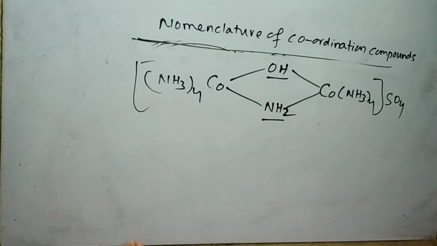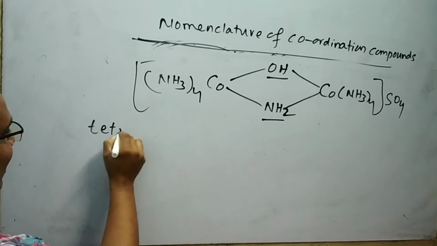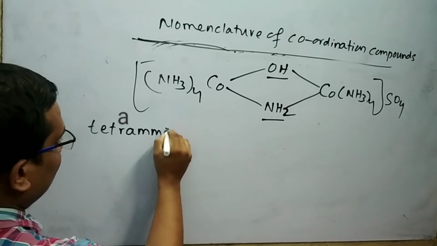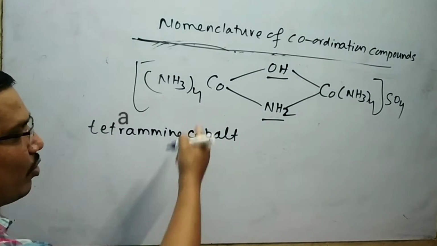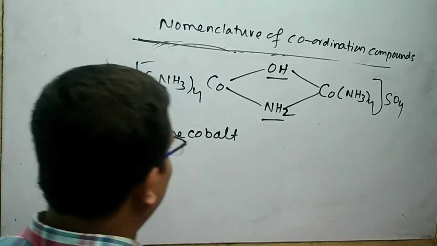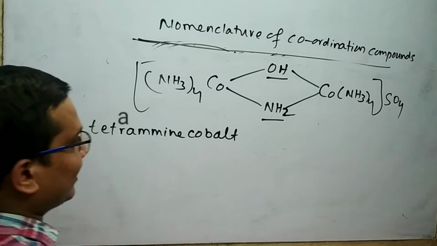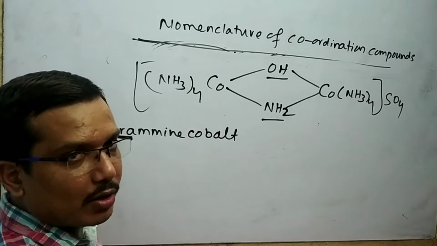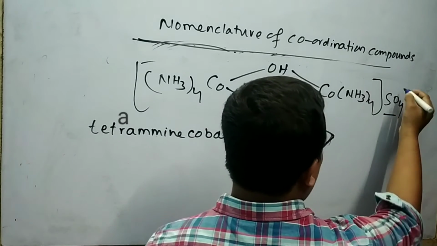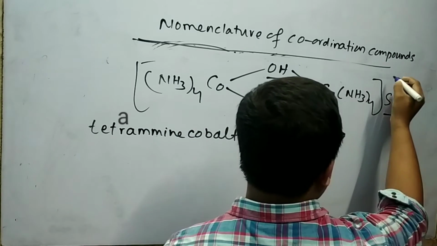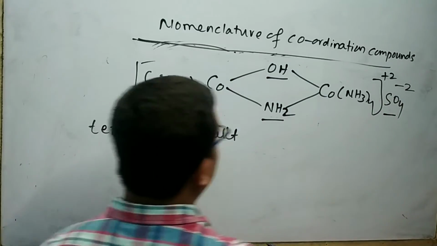Now I can write the name of this coordination compound like this: tetraammine cobalt. Cobalt belongs to the cationic complex, so simply I can write cobalt. Next I will write the oxidation number of cobalt. We know that this is sulfate, that means here I can write -2. As a result, it is bound to write here +2.